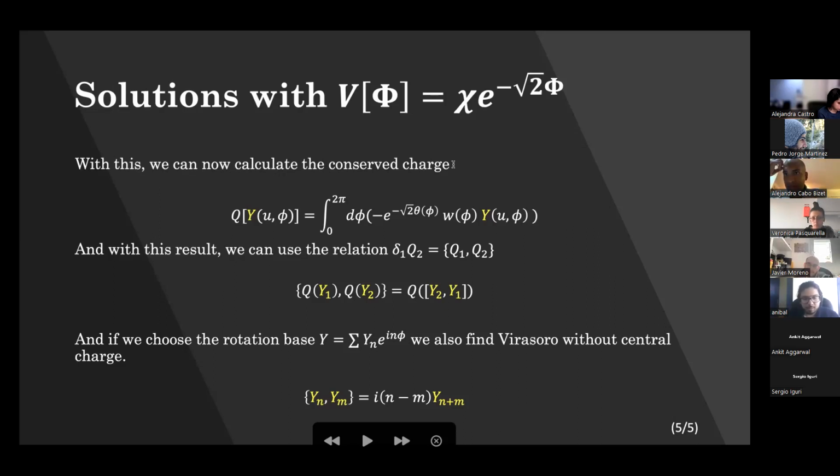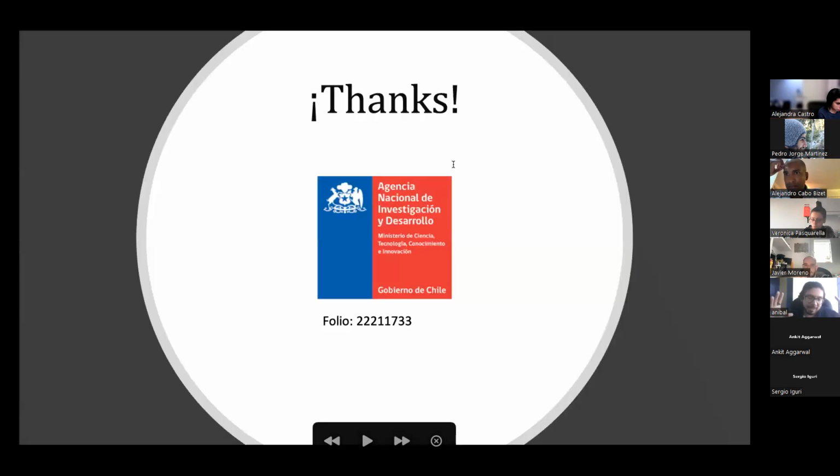Also, this charge is only associated with the superrotation, with the generator Y. Next. Finally, in the future, we want to generalize this to a whole range of values of alpha and see if we find something interesting. Thank you.